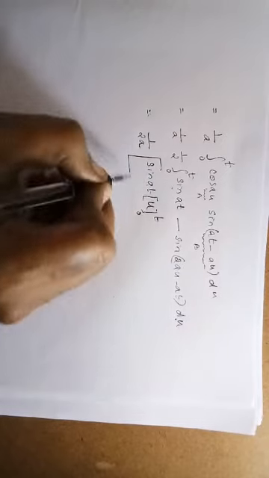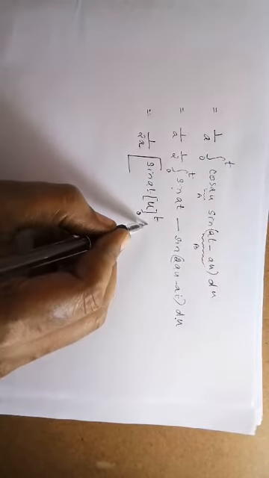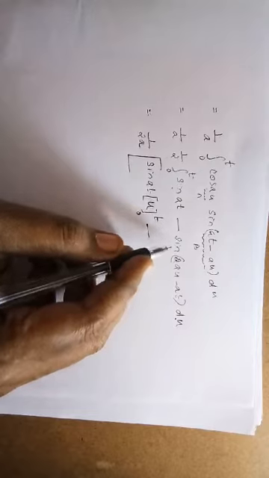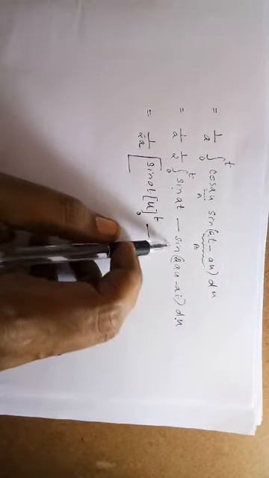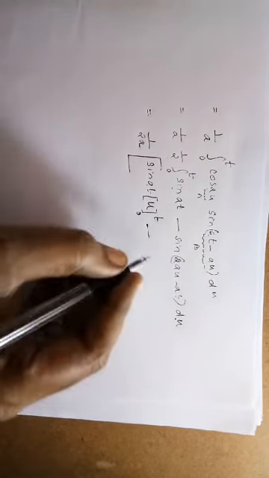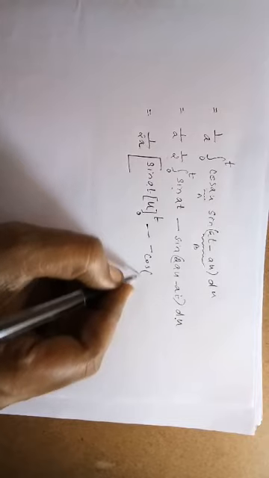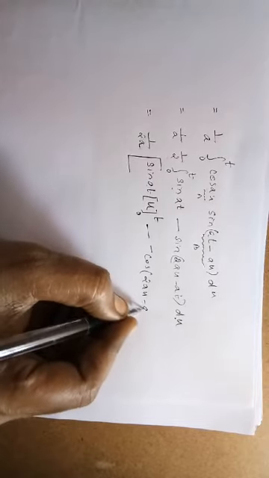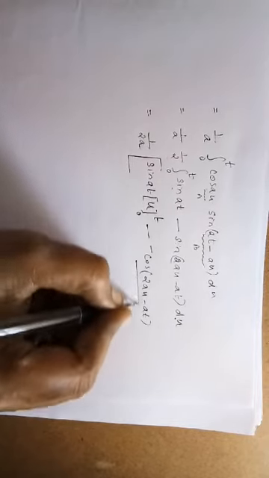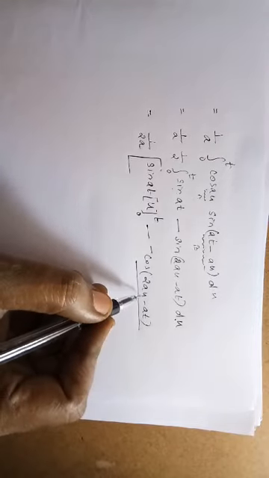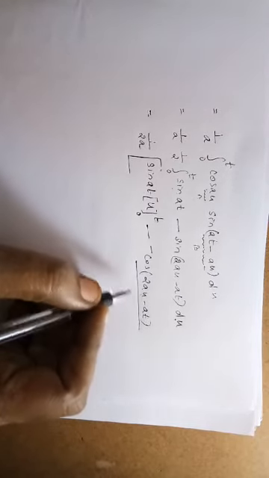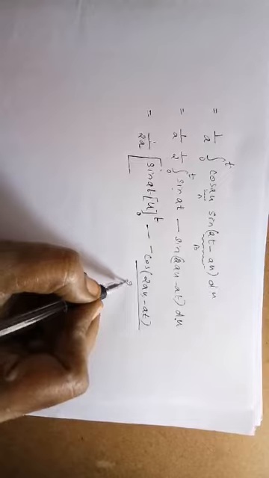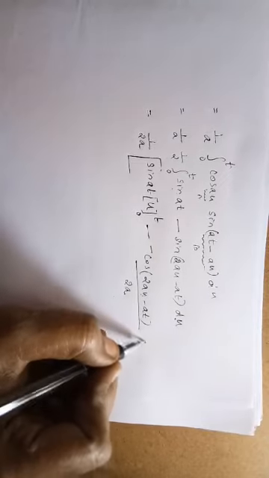1 by 2a is common for all these two terms. Minus the integral sin(2au minus at), integral sin is minus cos. So minus cos(2au minus at) divided by the derivative of this bracketed term with respect to u, that is 2a. So divided by 2a du.